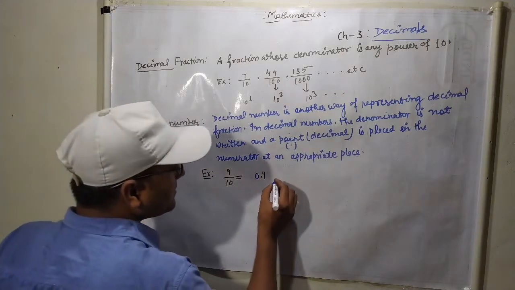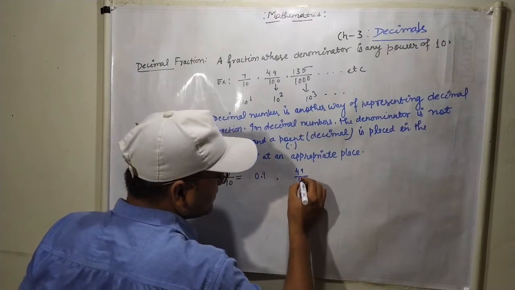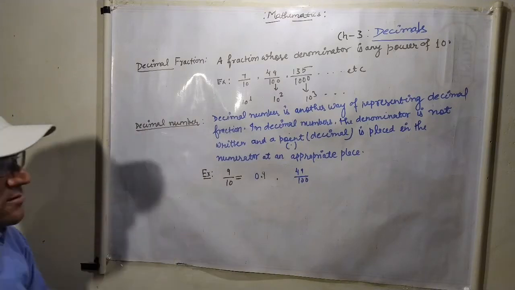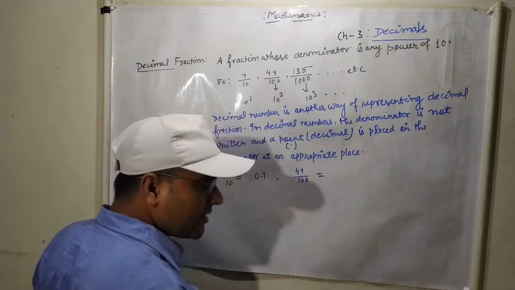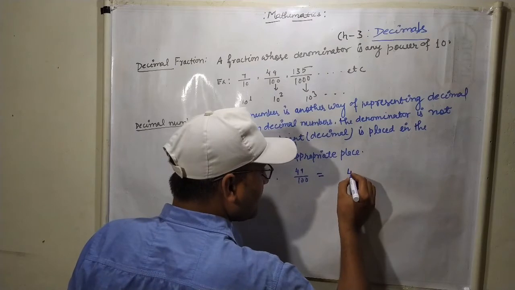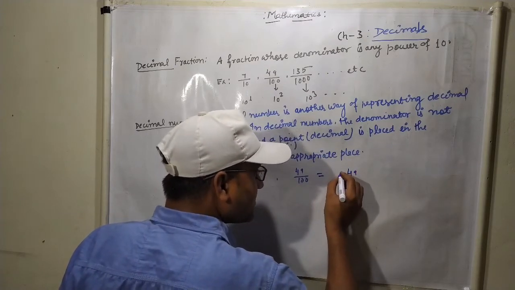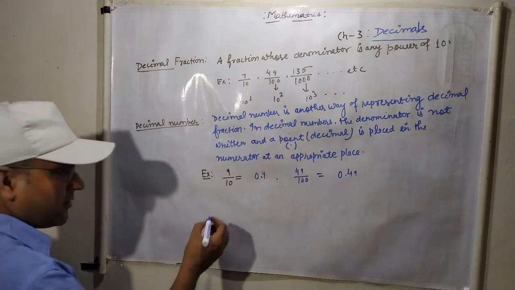The second example is 49 upon 100. This is a decimal fraction. There are two zeros, so you count two numbers from the right side and put the point. 49, 1, 2. Then put the decimal point and 0, so 0.49.